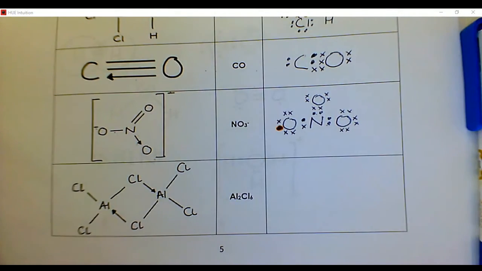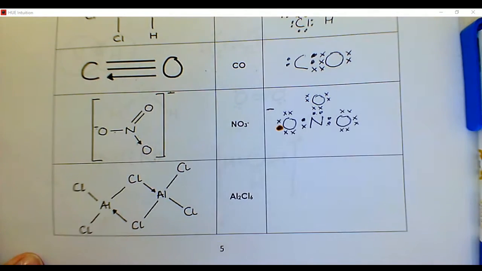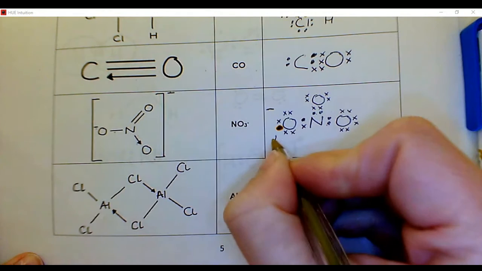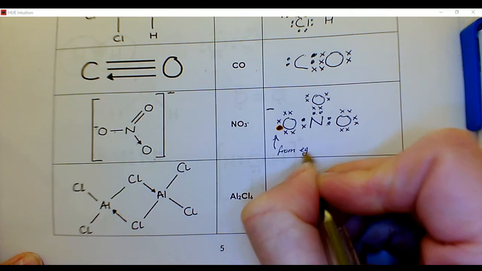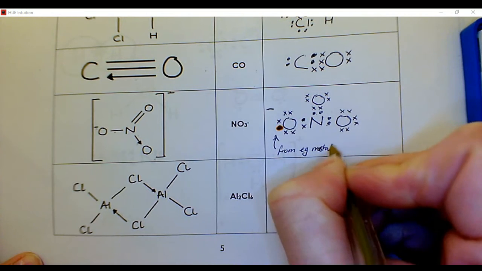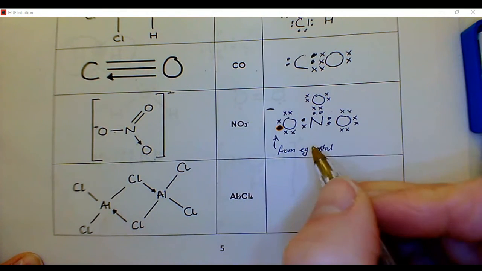So it now has a negative charge because it has gained an electron. So it's the negative from, say, a metal, presumably. There's not much else that can give it an electron. Okay, so it has ended up with a full outer shell by becoming negatively charged.